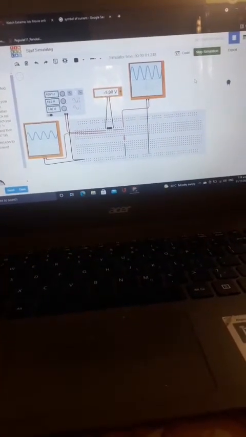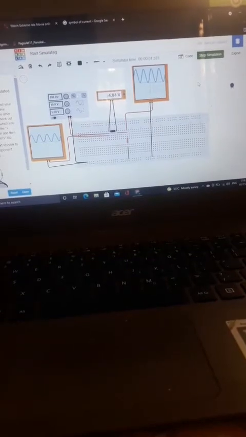So we're getting almost the same, but for some reason this is higher, and we're just going to go with 4.76. It keeps going down with that.